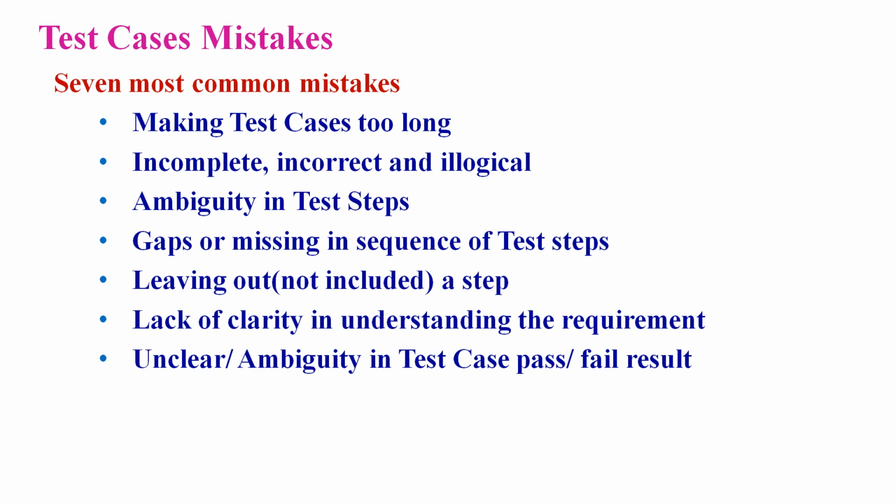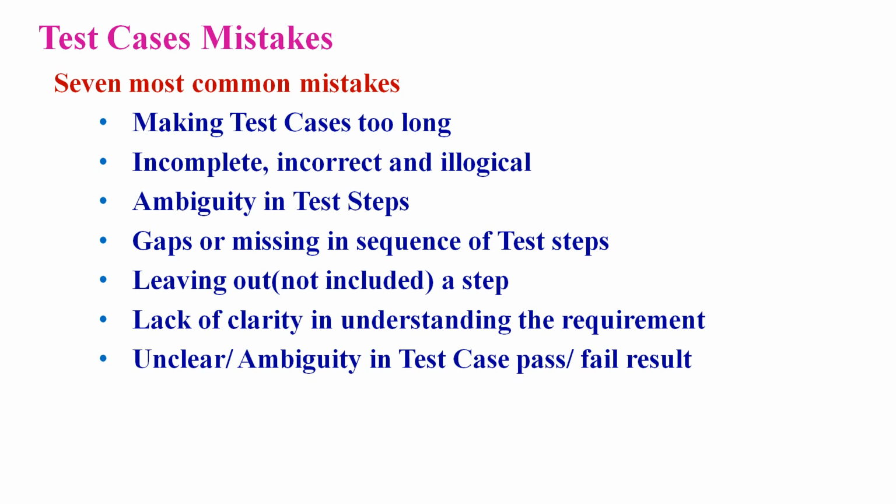This is very important: the expected results and actual results. The expected results will always be derived from the requirements document. Actual results means the result that is displayed on the screen after executing this particular functionality by giving the inputs. Now, you have to see whether the expected results and actual results both are matching or not.